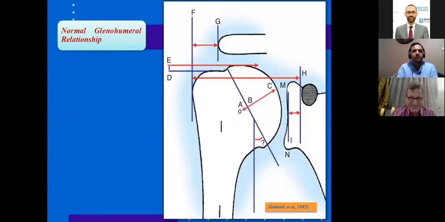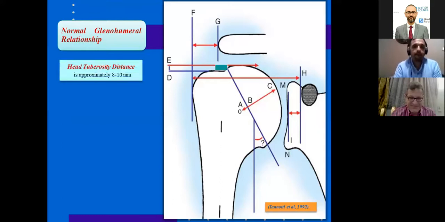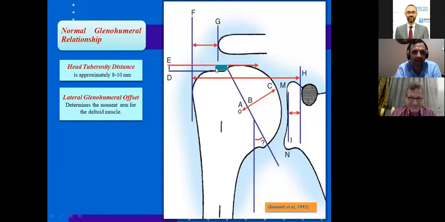Also, there are some normal glenohumeral relationships that should be kept in mind when doing shoulder arthroplasty. The important distance is the head tuberosity distance, a line from the head and a line from the tuberosity. This distance is about 8 to 10 millimeters. Also, the lateral glenohumeral offset, and the glenoid offset, which is from the coracoid base to the glenoid axis.